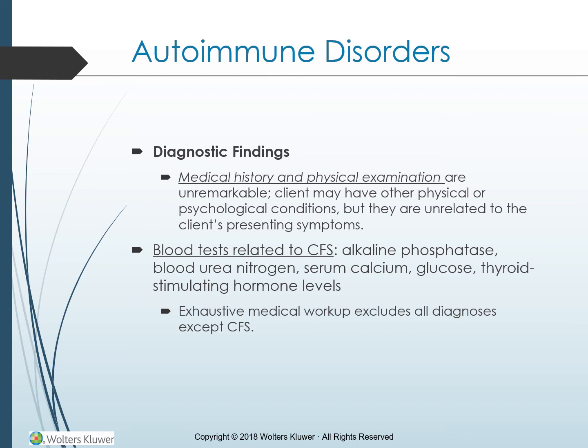Ampligen, an investigational drug for CFS, has been through repeated clinical trials. It is a synthetic RNA that stimulates the production of interferons that have antiviral functions and modify the immune response.